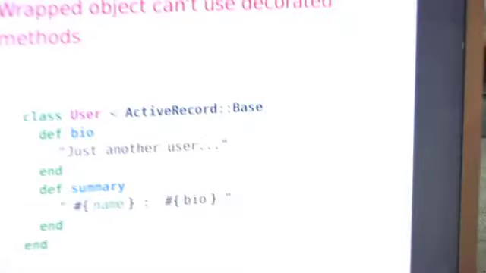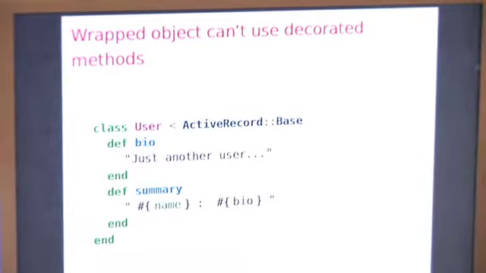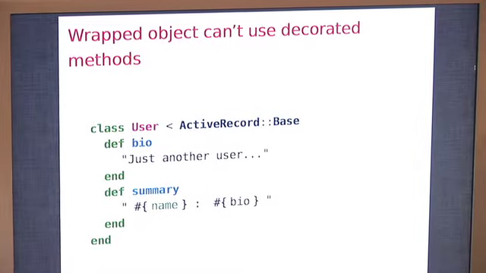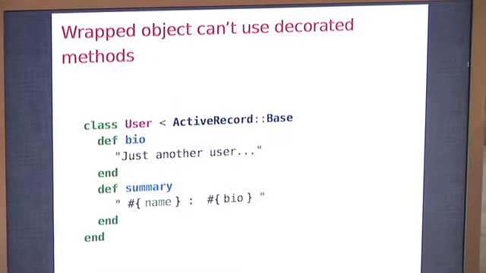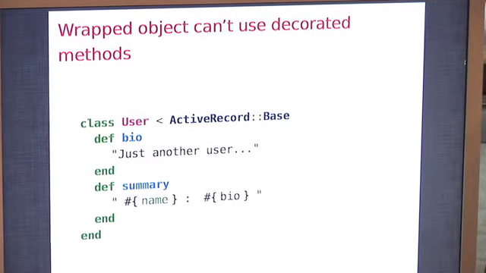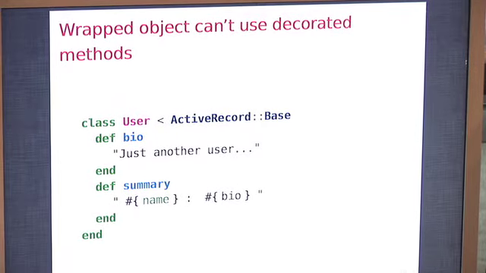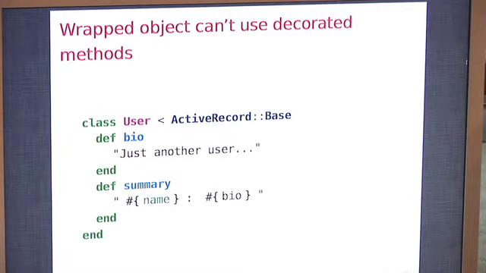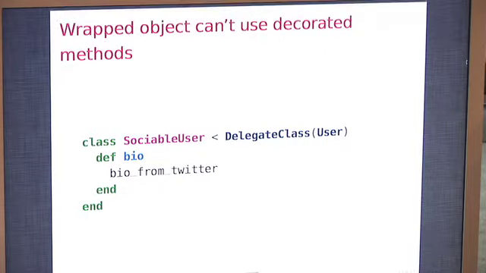So here are some built-in methods on the user object. It's got a bio, and then it's got a summary, which uses the name attribute, which we haven't shown, and it also references the bio method. Then we've got a wrapper where we change bio, and it's still going to return a string, just like the original did, but now we're grabbing the bio from Twitter.